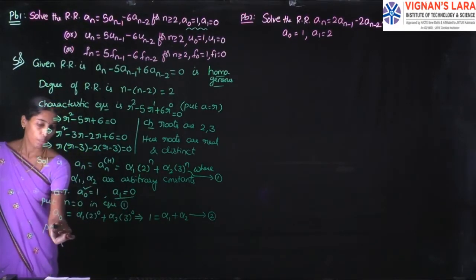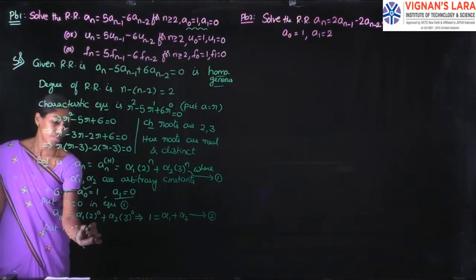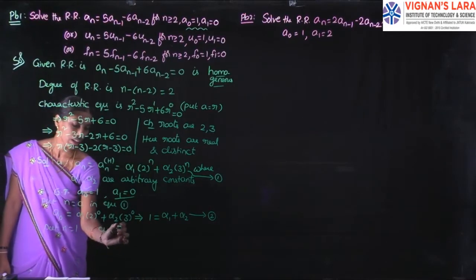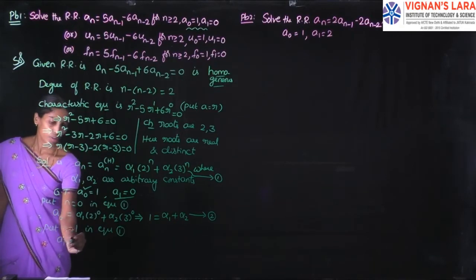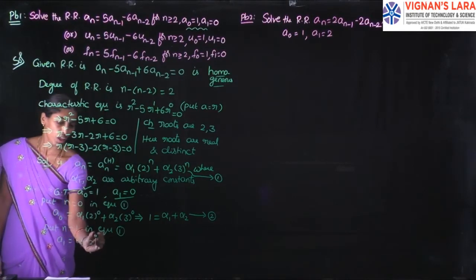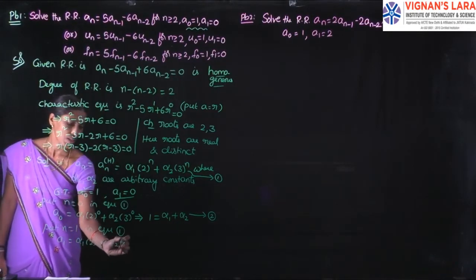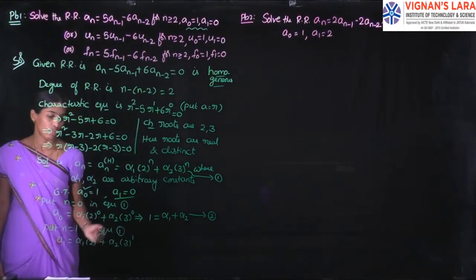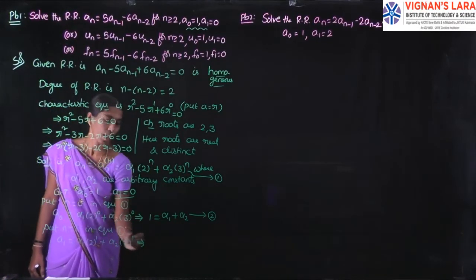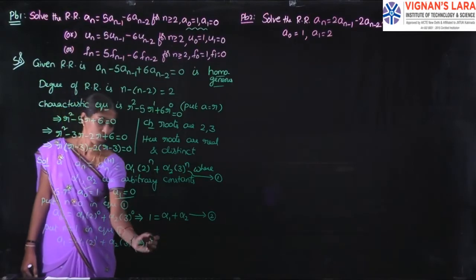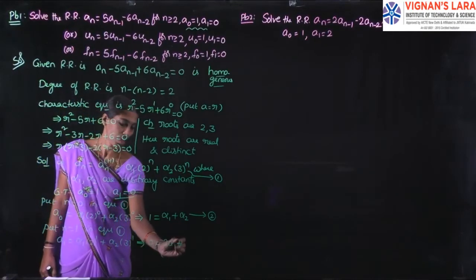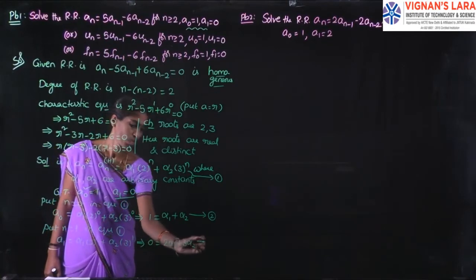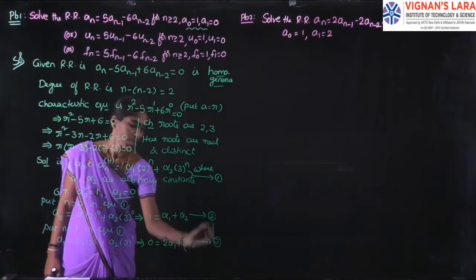And one more initial condition is there, which is a1 is equal to 0. So now put n is equal to 1 again in equation 1. So a1 is equal to alpha 1 2 power 1 plus alpha 2 3 power 1. What is a1 value? Given that 0 is equal to 2 alpha 1 plus 3 alpha 2. It is equation 3.